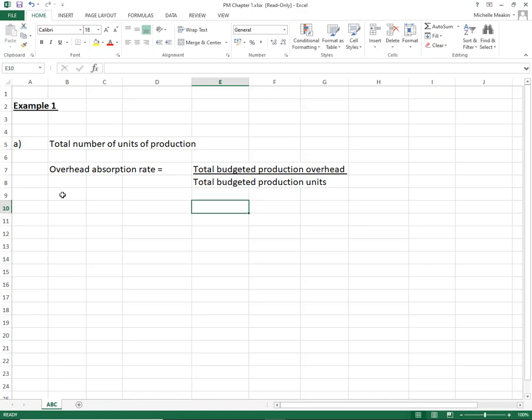In this example, we have been told the total overhead for setups is 70,000, and our production units, you are told that for X we are going to produce 100 units, for Y we will produce 500, and for Z we will produce 800 units.